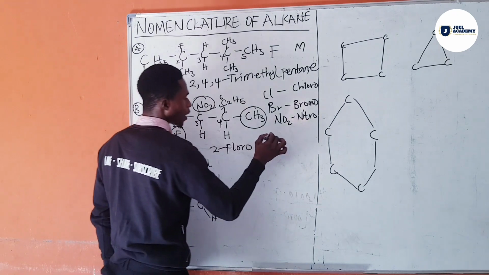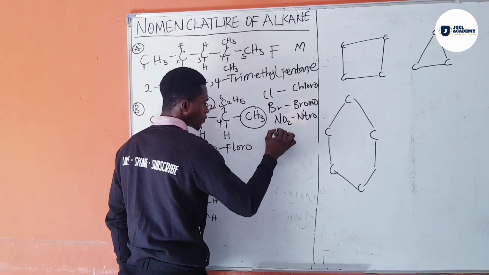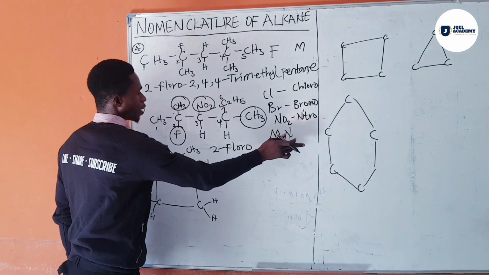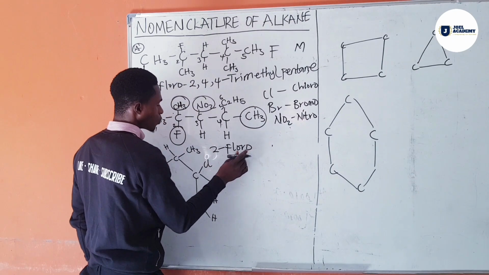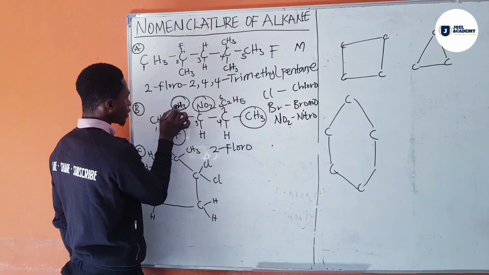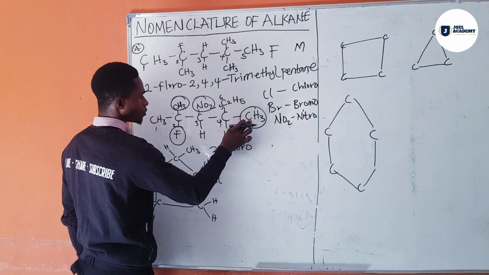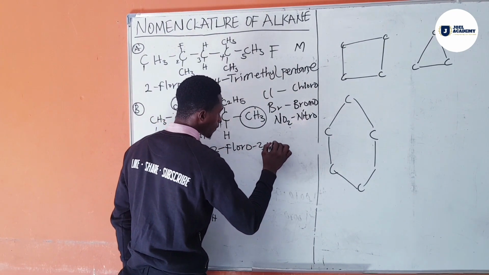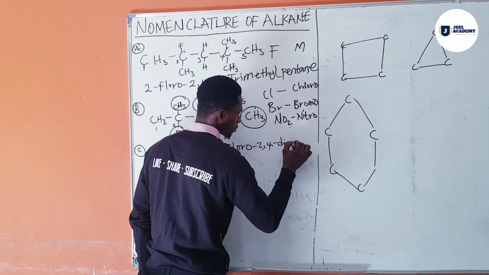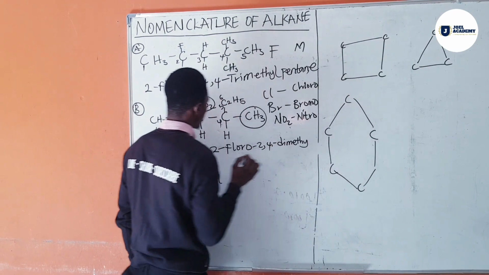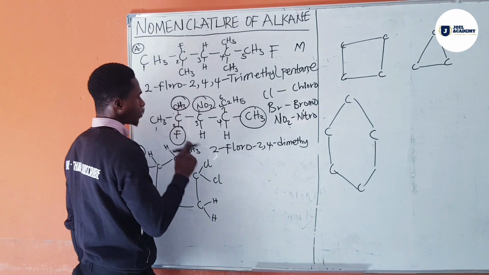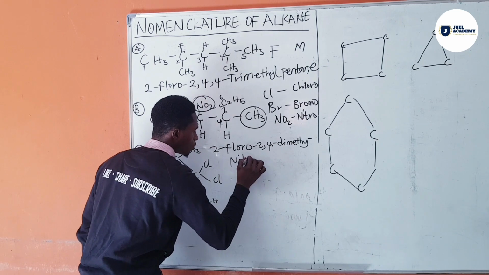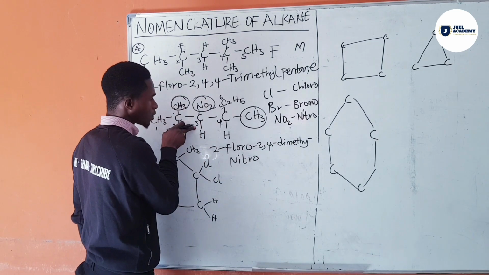Since M comes before N alphabetically, we'll name the methyl before the nitro. So 2-fluoro, and then methyl is at positions 2 and 4, so 2-fluoro-2,4-dimethyl. Then the nitro will now come. The nitro is at position 3.